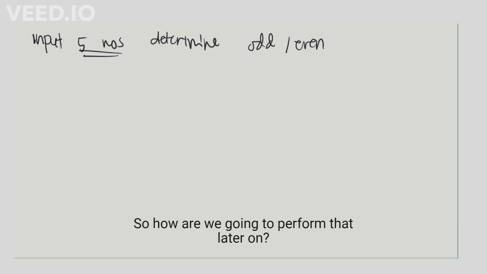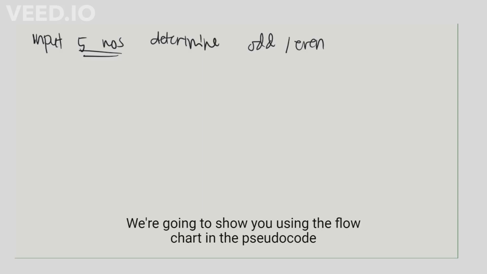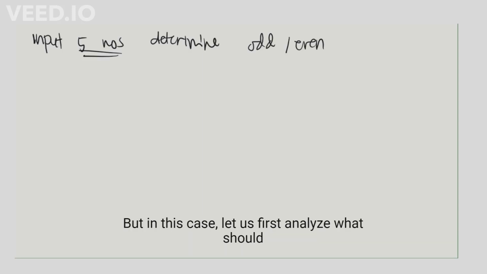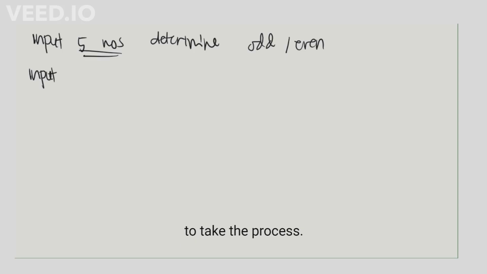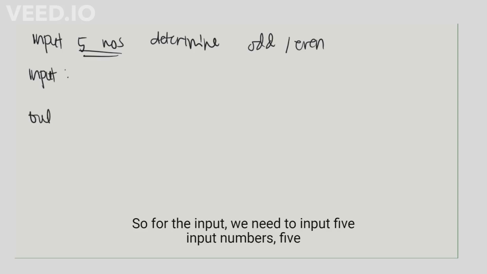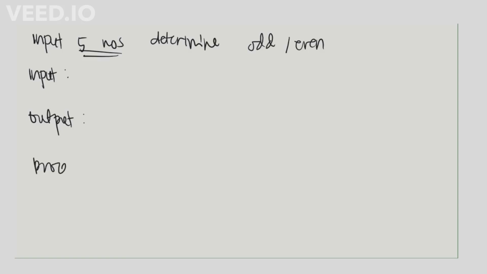How are we going to perform that? Later on, we're going to show you using the flowchart and the pseudocode. But first, let us analyze what the input should be, what the output must be, and how we are going to take the process. For the input, we need 5 numbers.